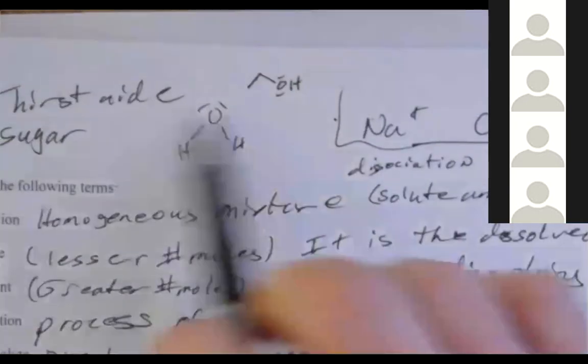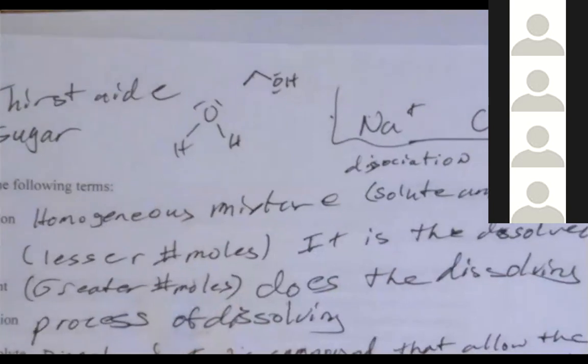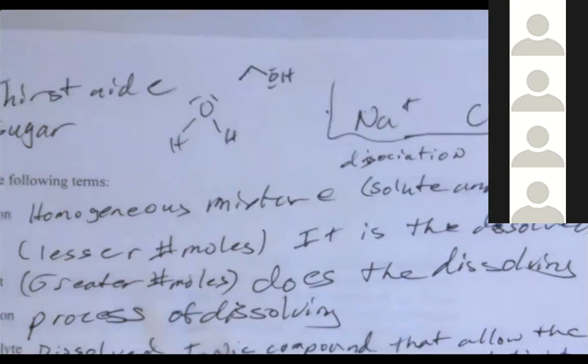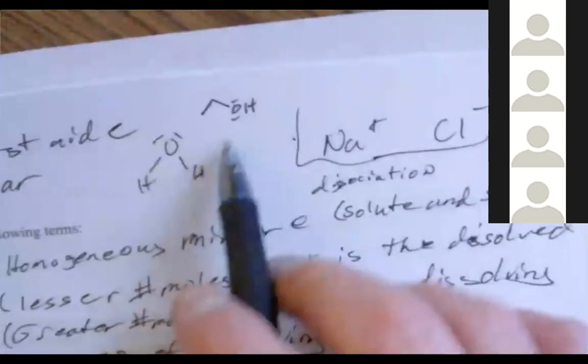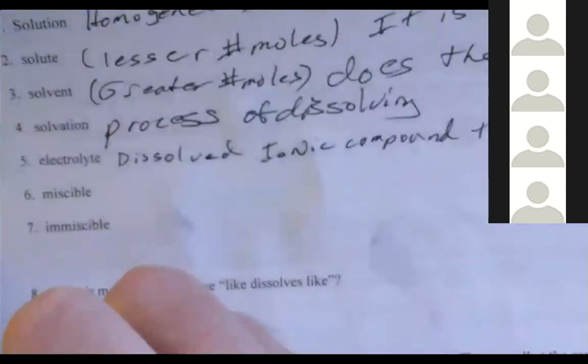What's similar about these two compounds? They're both going to have what? Aren't they both polar? They're both polar. They actually both would have hydrogen bonding occurring as well. But they're definitely both polar.